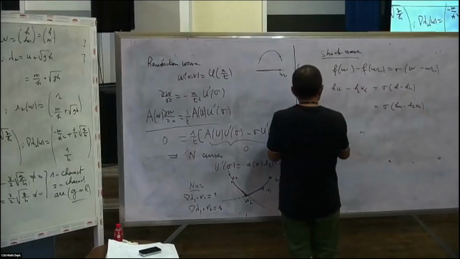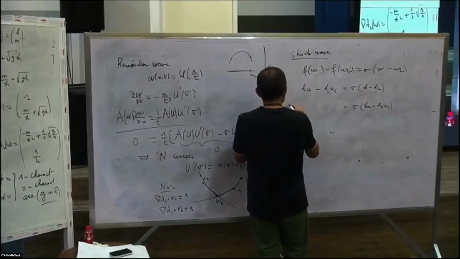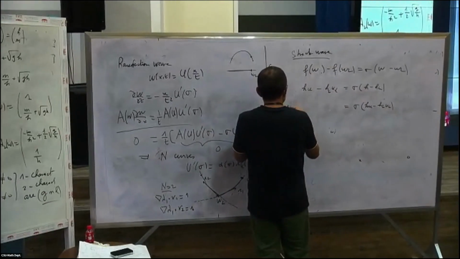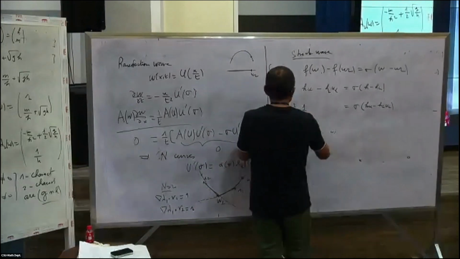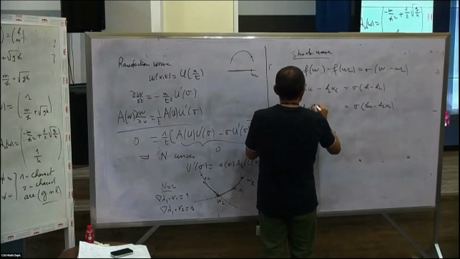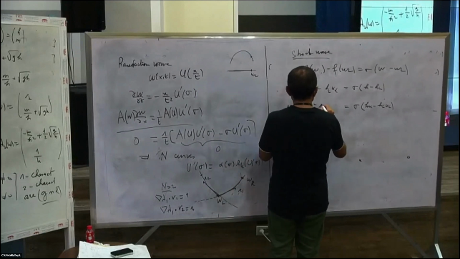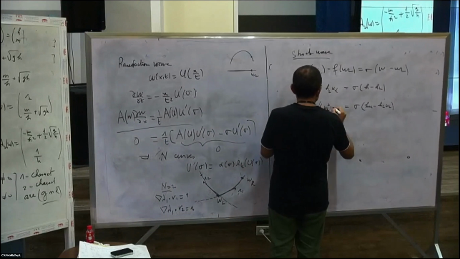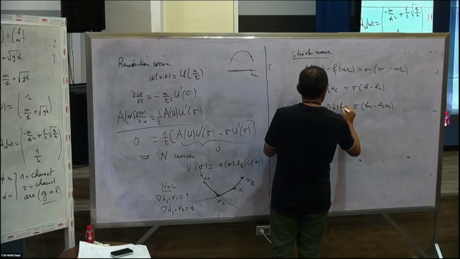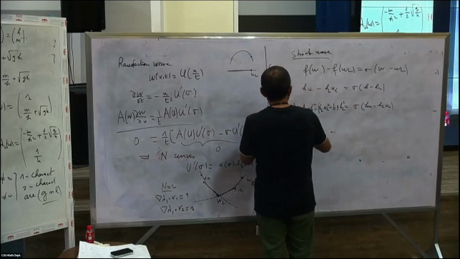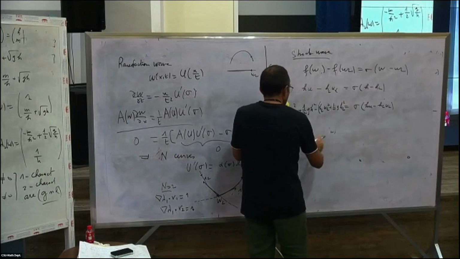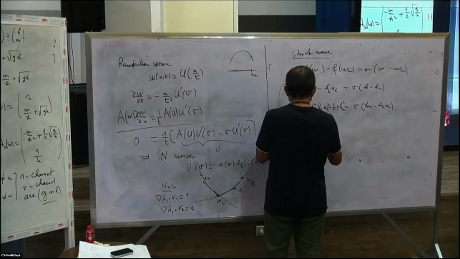And here you have hu squared plus 1/2 gh squared minus the same, hL uL squared plus 1/2 g hL squared. And combining this, we get two curves.